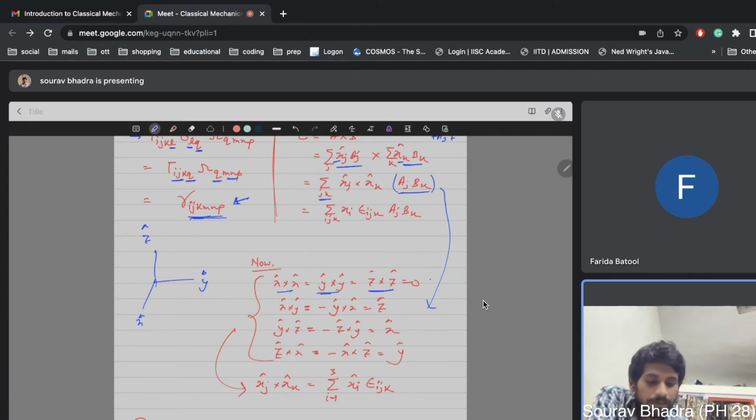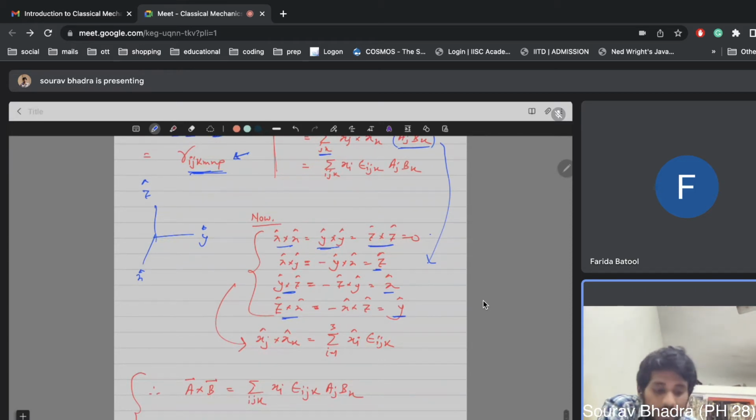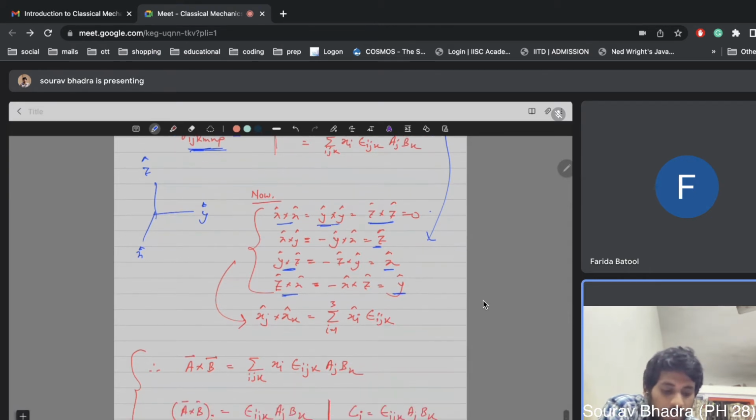And if you multiply x with y, you will get z, y and z you will get x, and z and x you will get y. These are the properties of unit vectors you all know. But the interesting thing is, all these properties can be written in a very compact way if you use the Levi-Civita symbol.